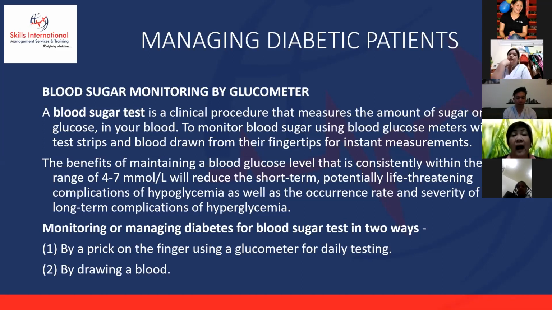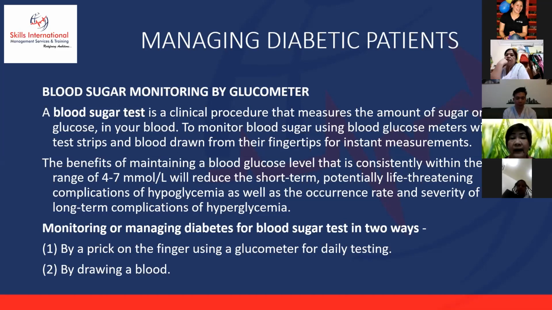So what are the complications of hyperglycemia? There are conditions like glaucoma for the eyes, and your liver, your kidney. All of these are going to be affected.